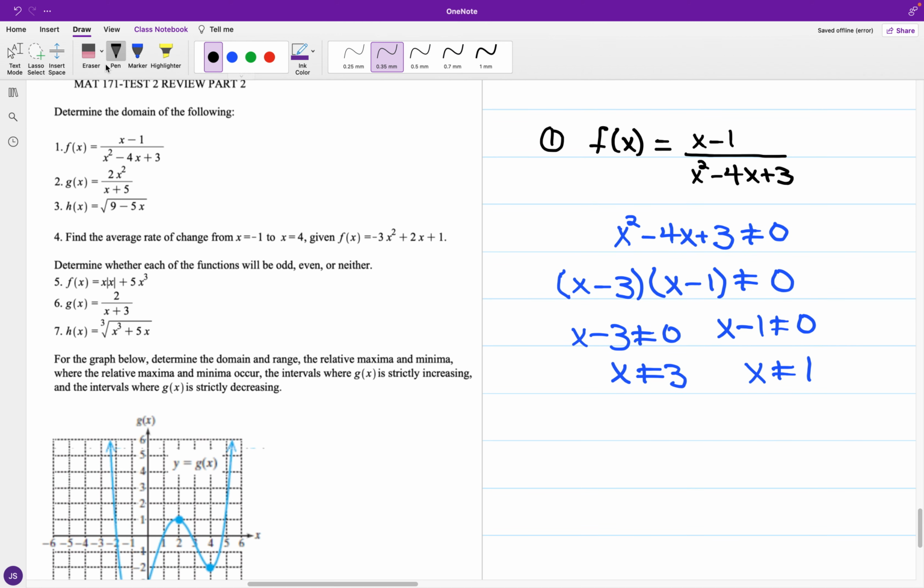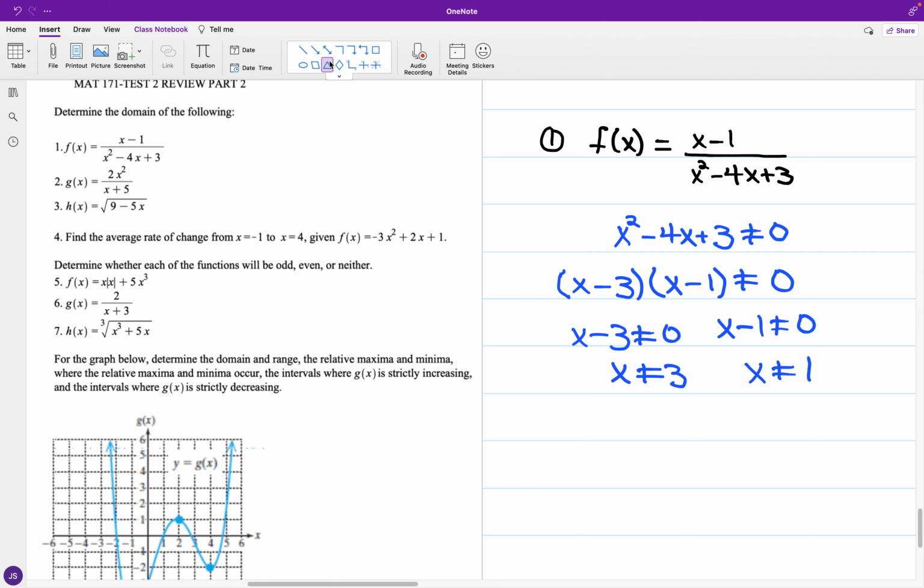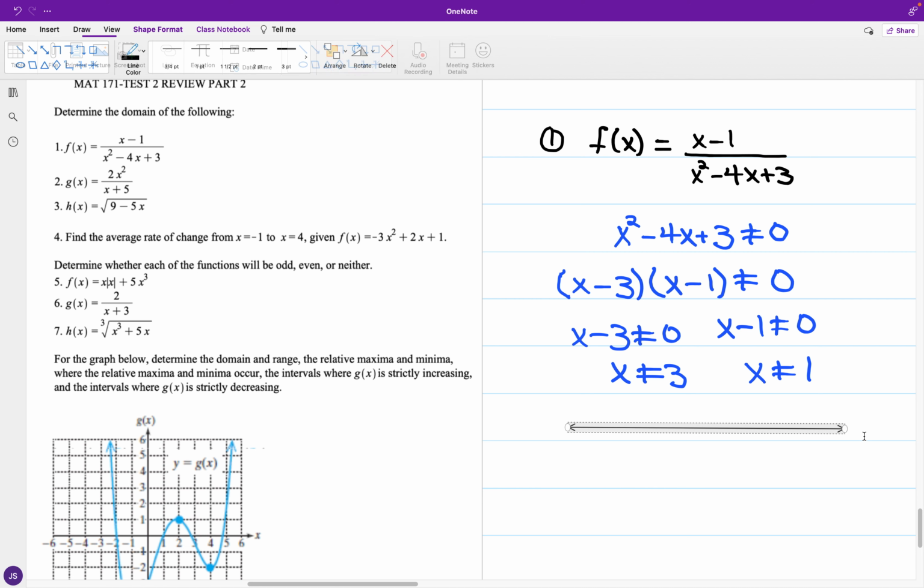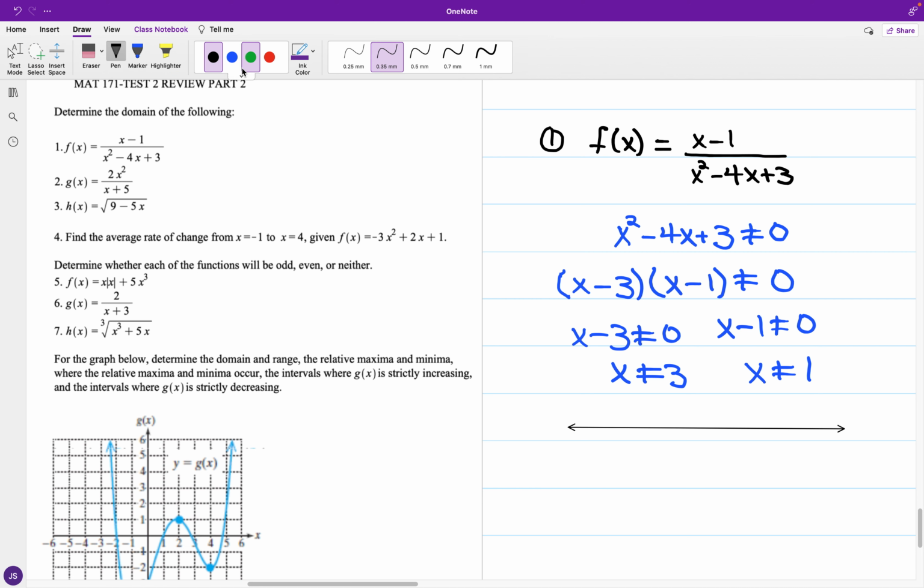Just in case you got your zeros not in increasing order, strictly speaking, we're just identifying the cases. So 3 is left out, 1 is left out. No other terms will be excluded.